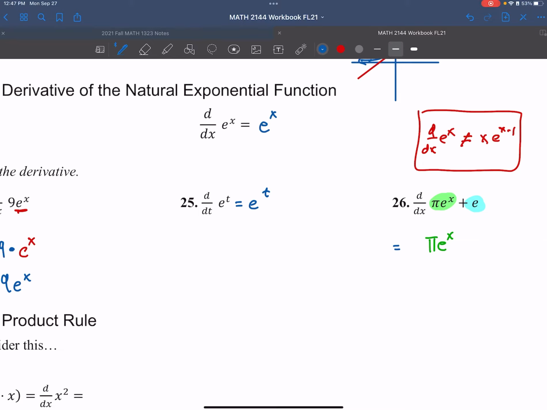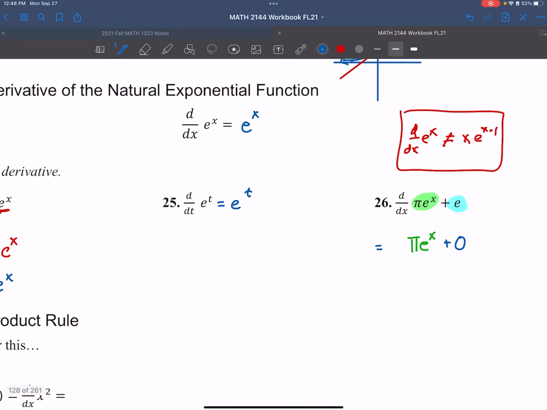How many say 0? How many say 1? The derivative of e, remember, e is approximately 2.7, is 0. Again, if this throws you off, just remember that e is approximately 2.7. The derivative of 2.7, a constant, is 0. So the derivative here is just going to be pi e to the x.